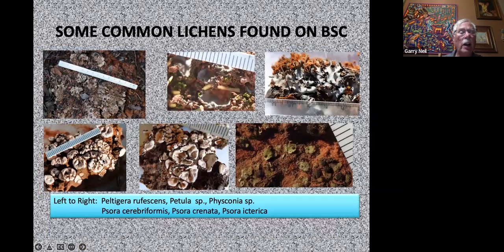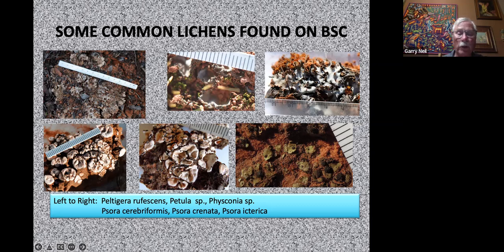Some others, here we have a Peltigera we talked about before. Here's what we call Psora, which is like a big cup-like structure, and it has little reproductive structures on its margin of the cup. Here's a lichen called Fuscopannaria, another Psora with little black reproductive structures.